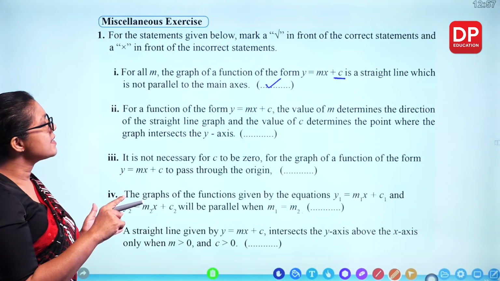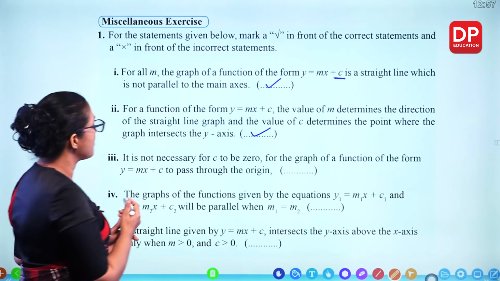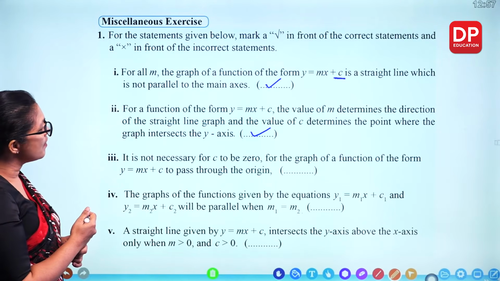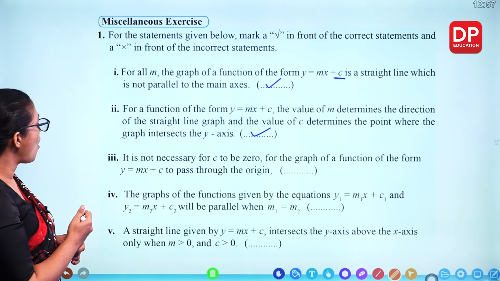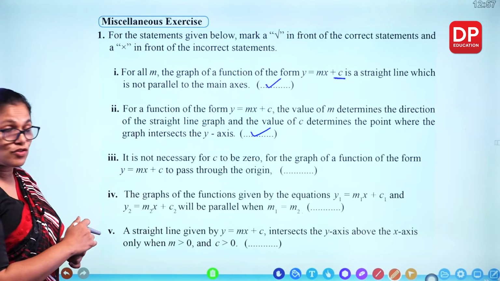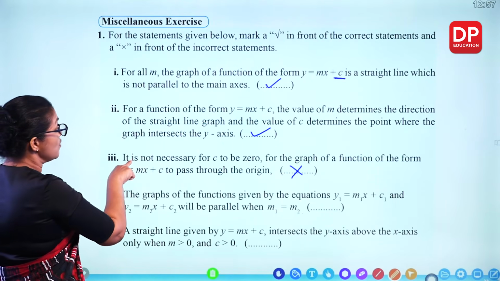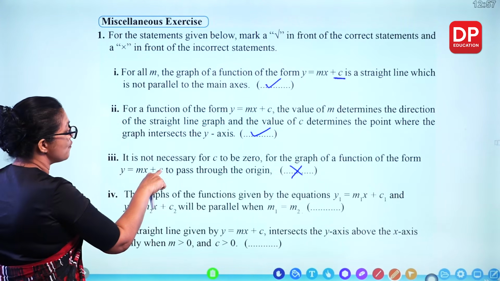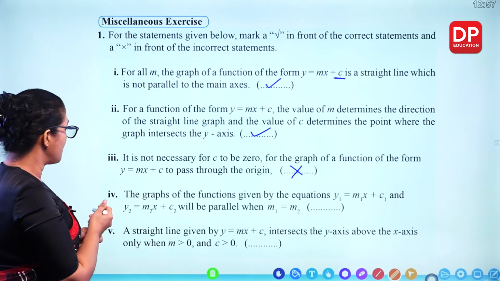If m is negative, it's an obtuse angle. So this is correct. It is not necessary for c to be 0 for the graph of function of the form y equals mx plus c to pass through the origin. That's wrong because it says if it is not necessary. No, if c is 0, only it passes through the origin.